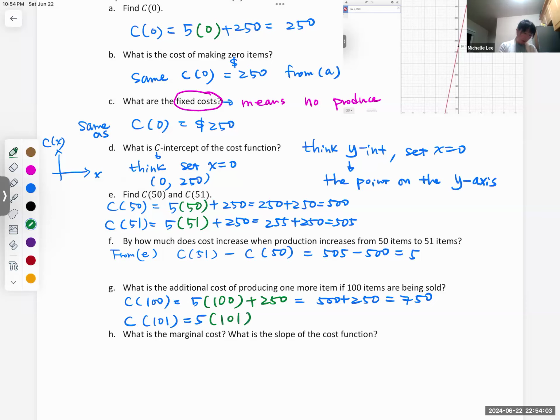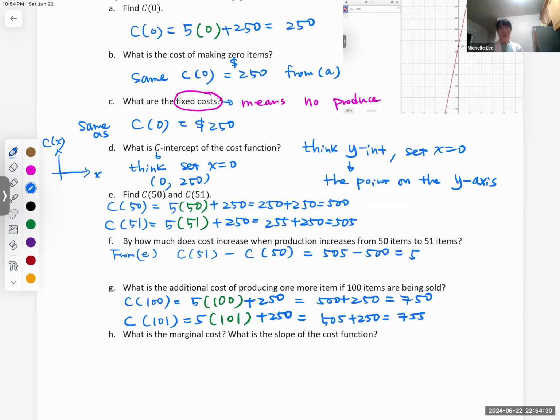101 plus 250, and we get everything. So, hold on a second. 101 times 5, we get 505 plus 250, then we get 755.